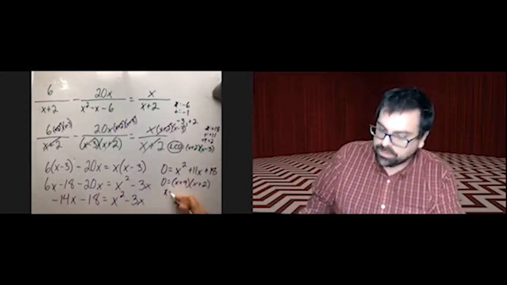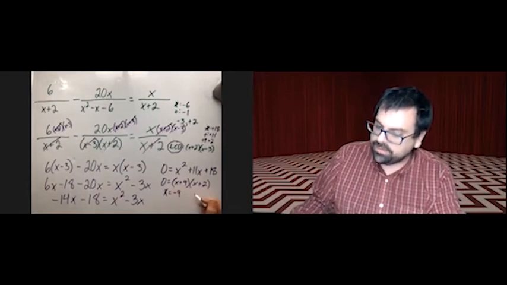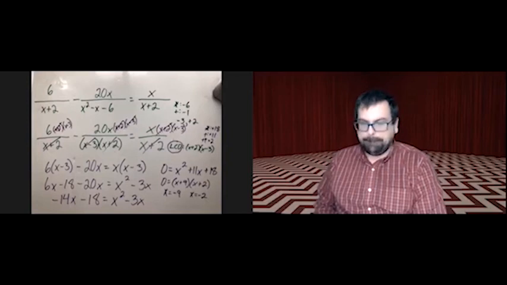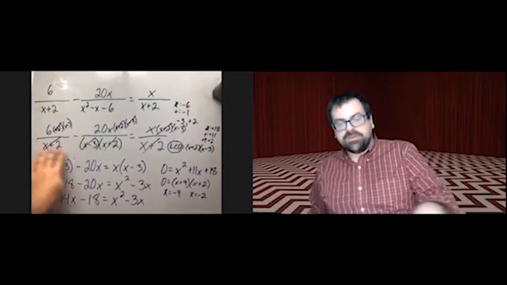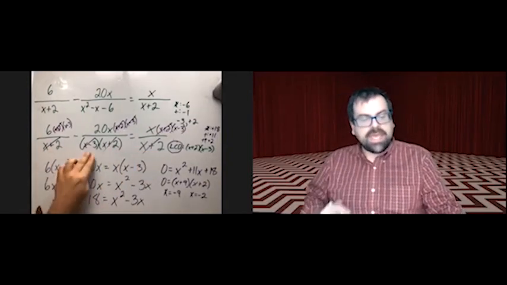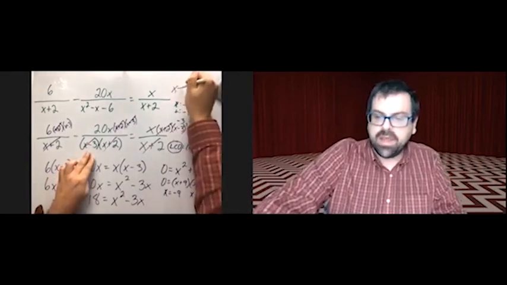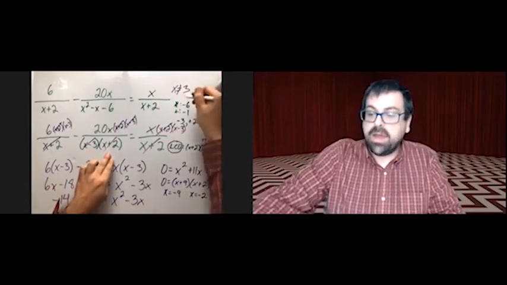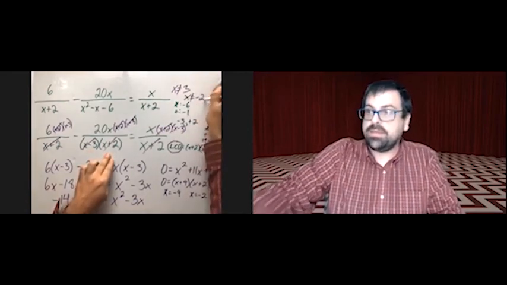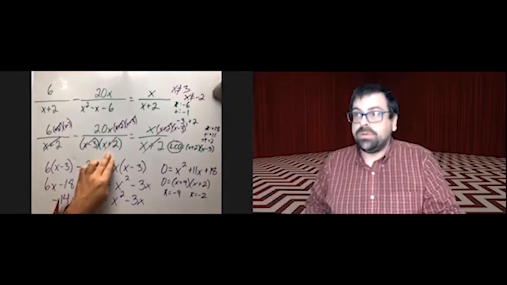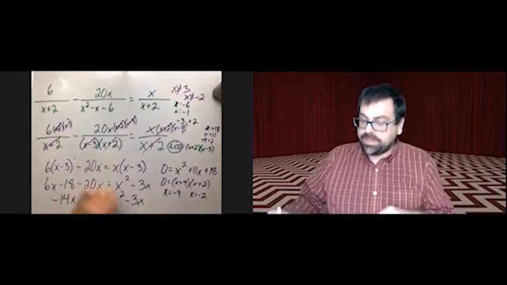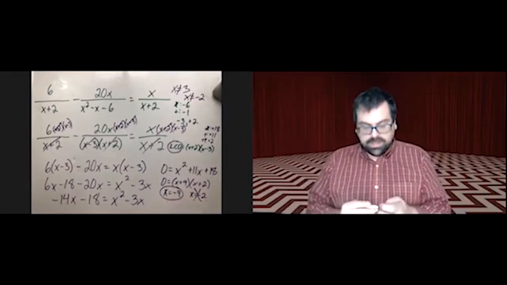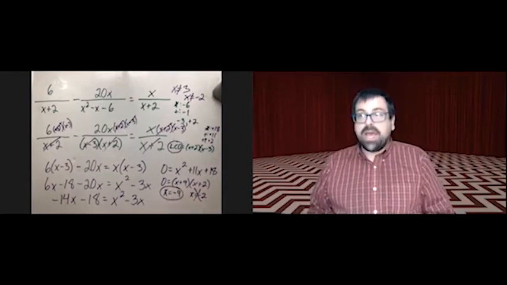So we get x equals negative 9, and x equals negative 2. But our factored forms on the bottom told us that x cannot be positive 3, and x cannot be negative 2. So x cannot be negative 2. x can only be negative 9.